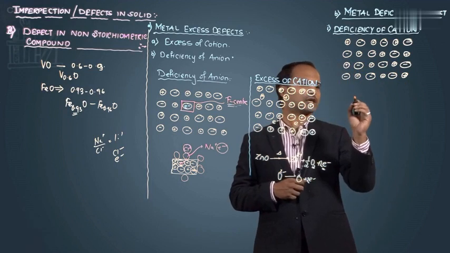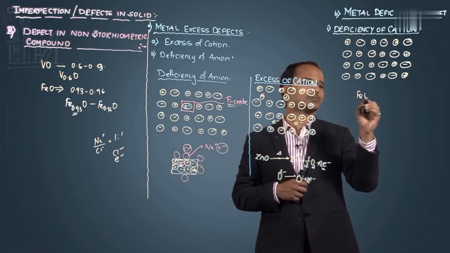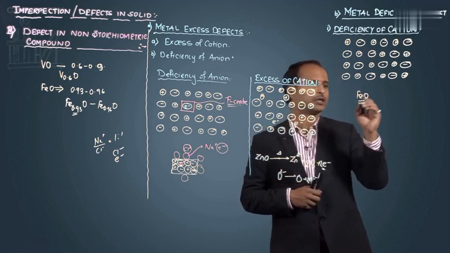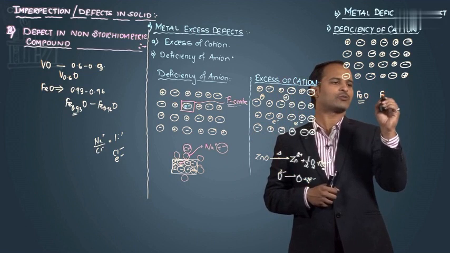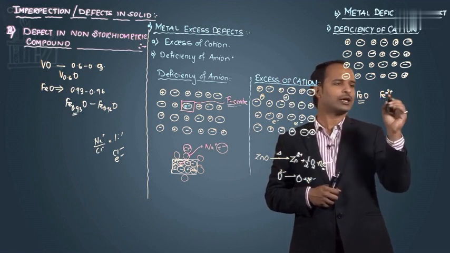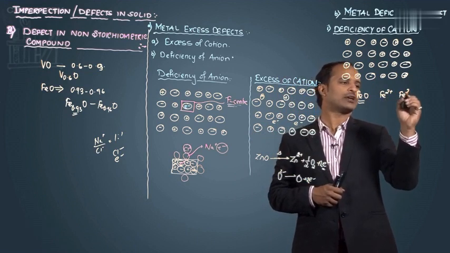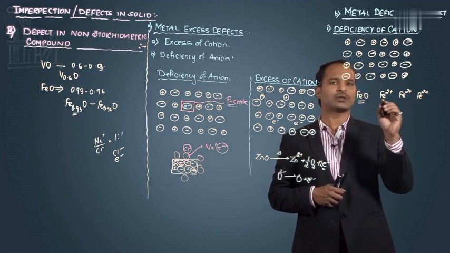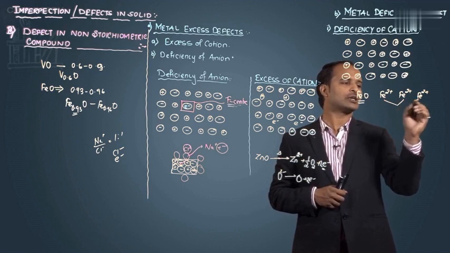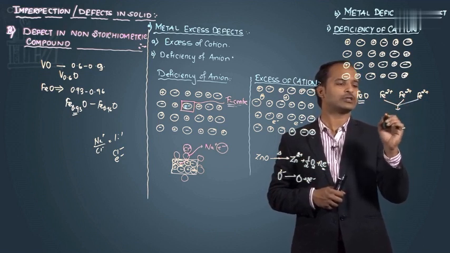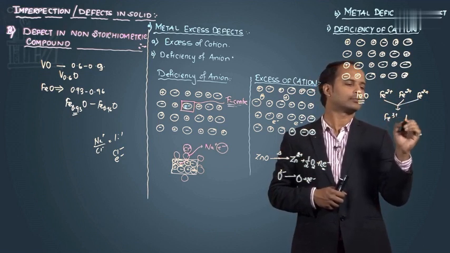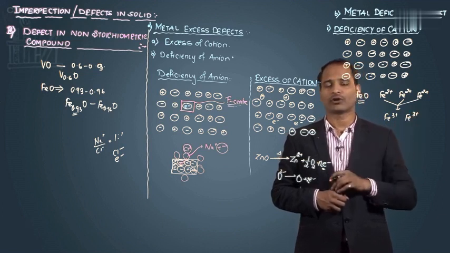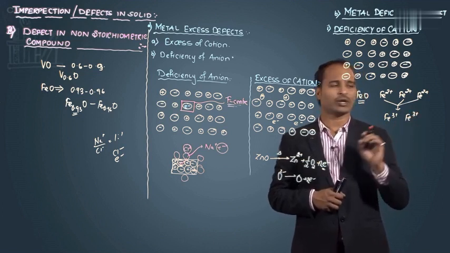For example, suppose I have ferrous oxide, which is FeO. Here Fe is present in the form of Fe2 plus ion. Now let me have 3 Fe2 plus ions, so the total charge is 6. Now these three combined are getting converted into 2 Fe3 plus ions.